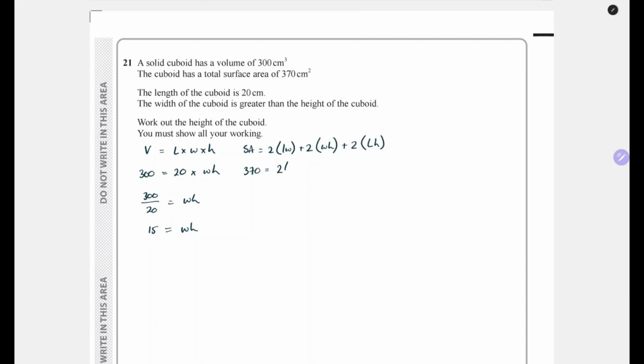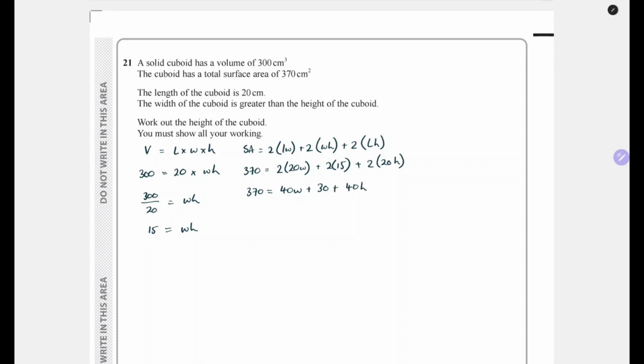We know that the length is 20, so that's 20W plus WH, which we know is equal to 15. We've just worked that out, so that's plus 2 multiplied by the length and height. Well, the length is 20, so that's 20H. If we expand the brackets, we have 370 is equal to 40W plus 30 plus 40H.